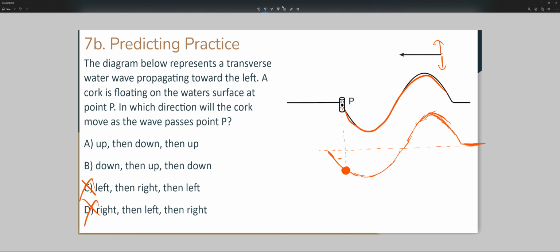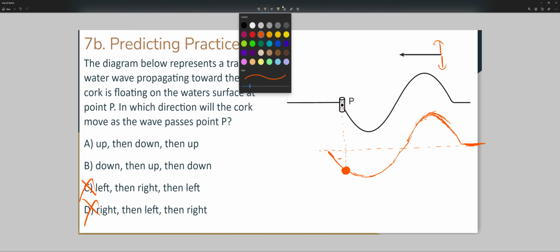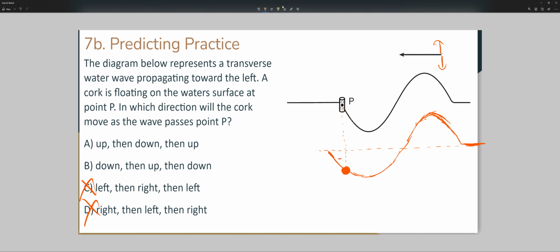Guess what? It moved down. It followed the path of this line. So its new position is now over here if the wave goes to the left. And as time goes on, it's going to go down, then up, and then down. And so the answer choice is B.